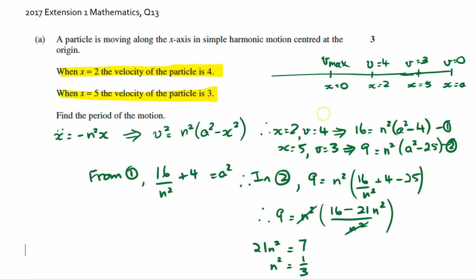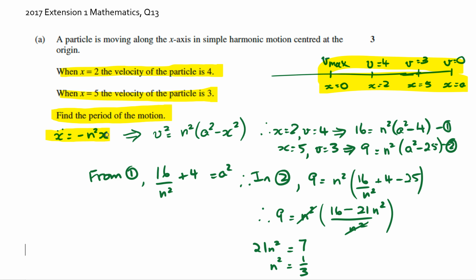So when we try to put all of this into perspective and draw our picture, something like this comes to mind. So we know that at equilibrium, when x equals 0, our velocity is a maximum. These 2 points were specified, and somewhere out here at maximum amplitude, the velocity will actually be 0. And we're asked to find the period of the motion.